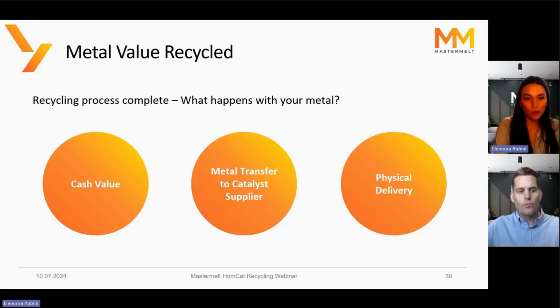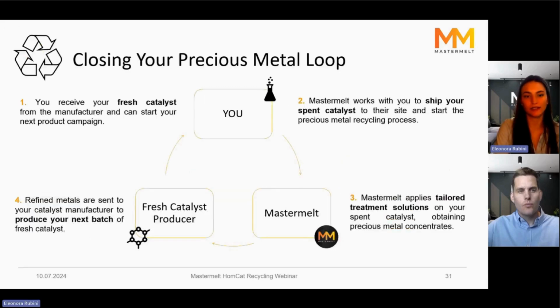To understand how the loop works, there's a little graph here. Let's say you start with your fresh catalyst, you start your campaign and obtain a spent catalyst that needs to be unloaded. You can get in touch with us and we will do the whole sampling and screening part that we talked about in the beginning of this webinar, and then help you ship the material to us at Mastermelt, any of our locations.